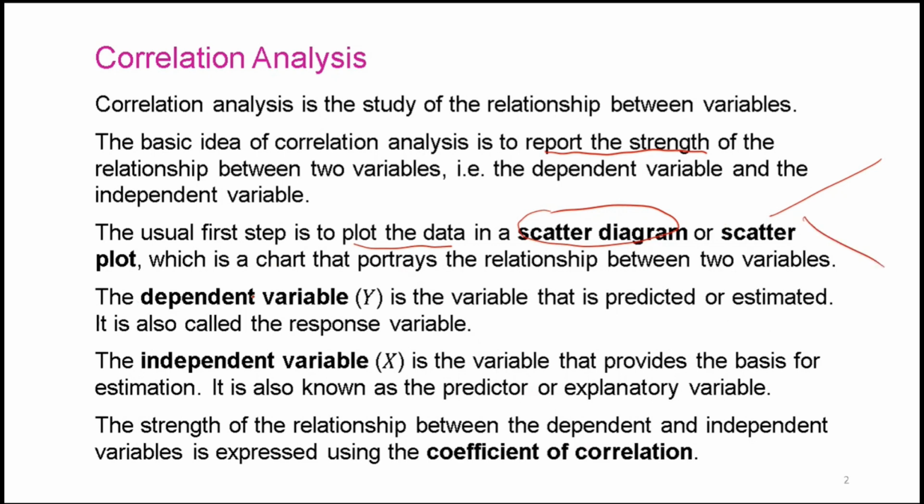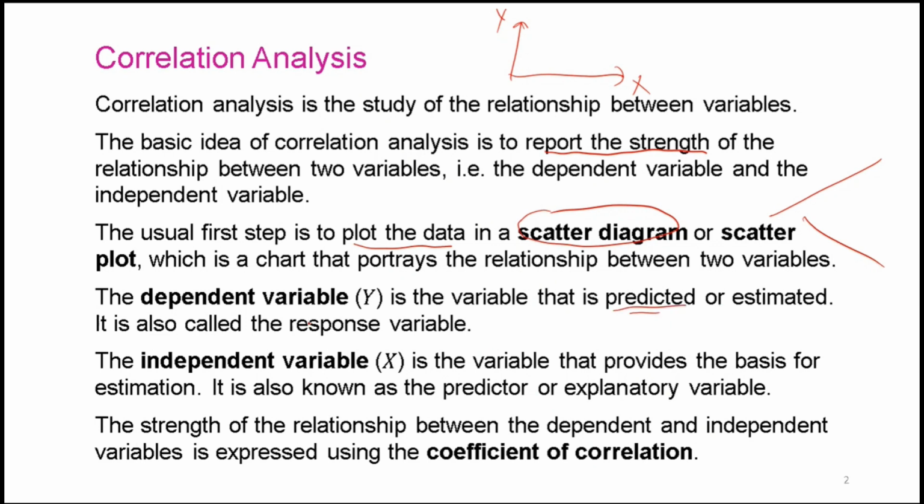Okay, the dependent variable y. So actually for the dependent variable, we use the symbol y, which, if we draw a scatter plot, is on the y-axis, and then the independent variable is x, which is on the x-axis. Okay, the dependent variable is the variable that is predicted or estimated.